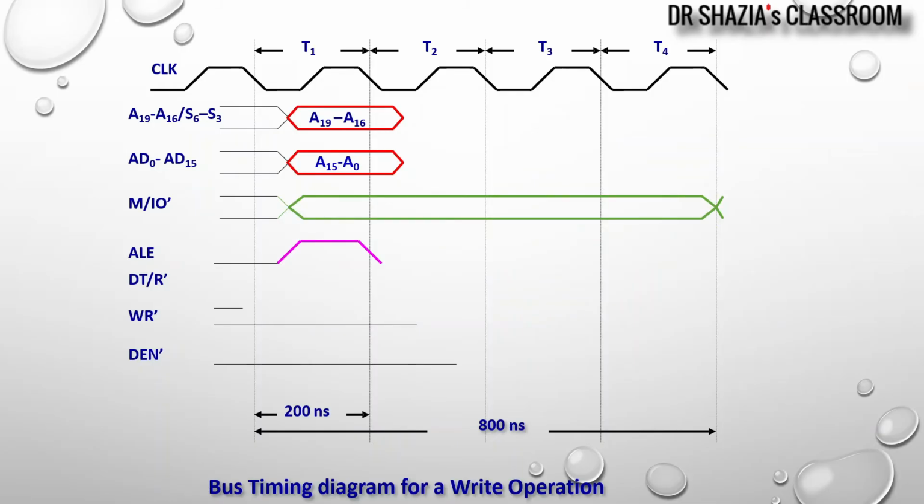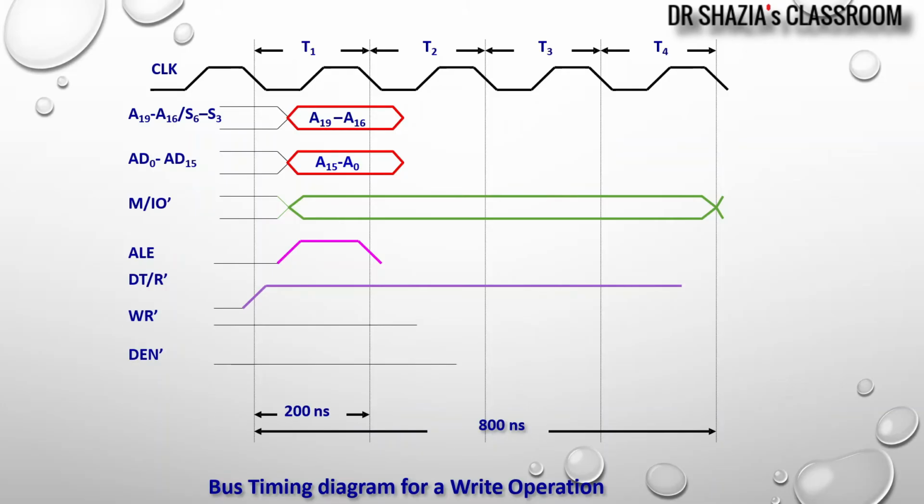Along with your M/IO, the other signal which will get activated in the first T state will be your DT/R bar. So DT/R bar indicates whether the processor is transmitting or receiving.